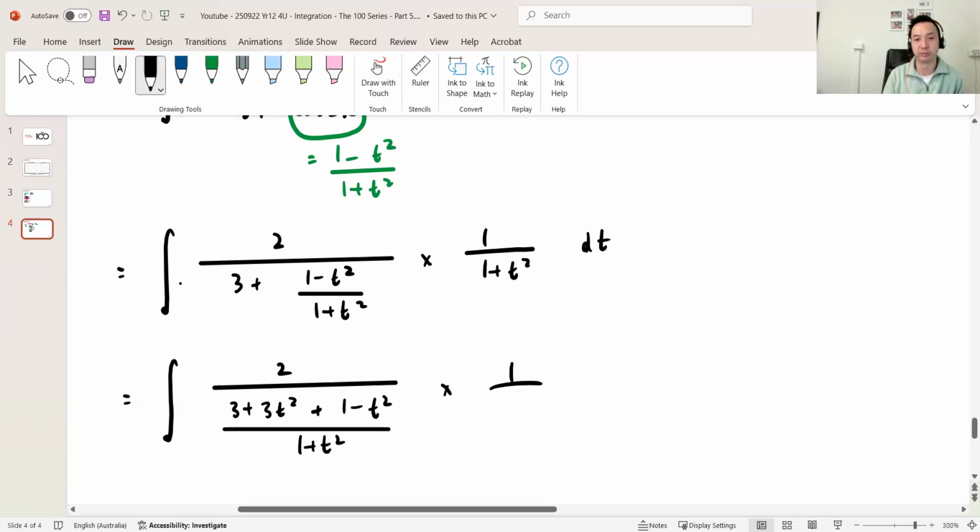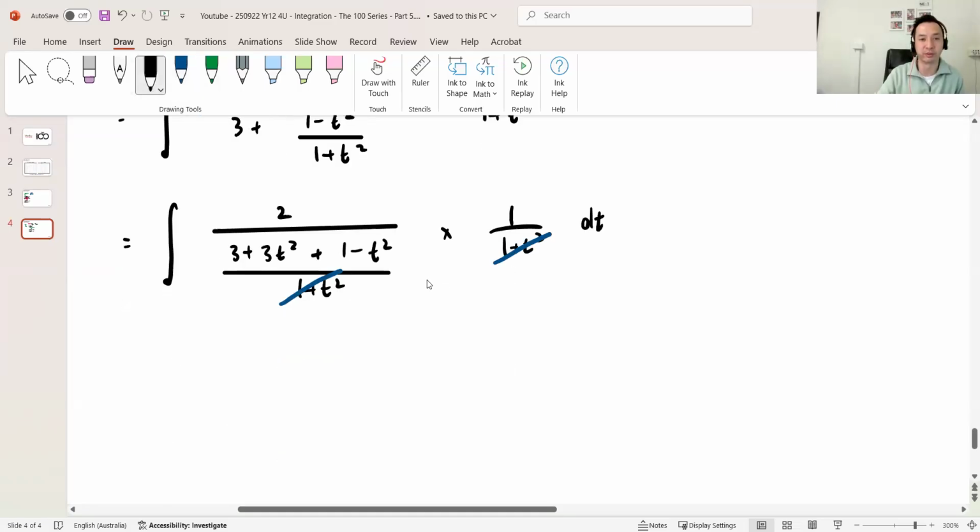Meanwhile, over here, you got 1 plus t squared. That's nice because that cancels out with that. And then you're left with hopefully something integratable, right? Let's see. 2 over 4 plus 2t squared. Yeah, that's integratable. Let's cancel that out.